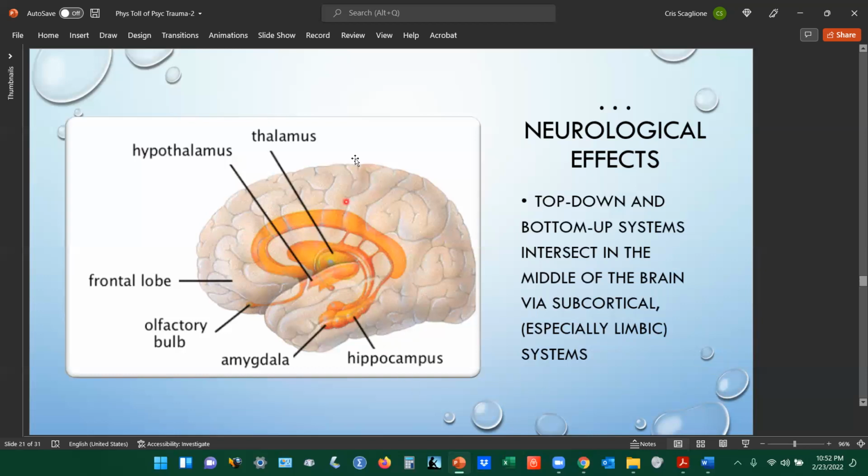So again, the bottom up involves the back of the brain, the brain stem, and the limbic system. That bottom-up information essentially gets to be way too much for the top-down modulation to work effectively. That's the bottom line. If you remember nothing else, that's the bottom line of what trauma does to us.